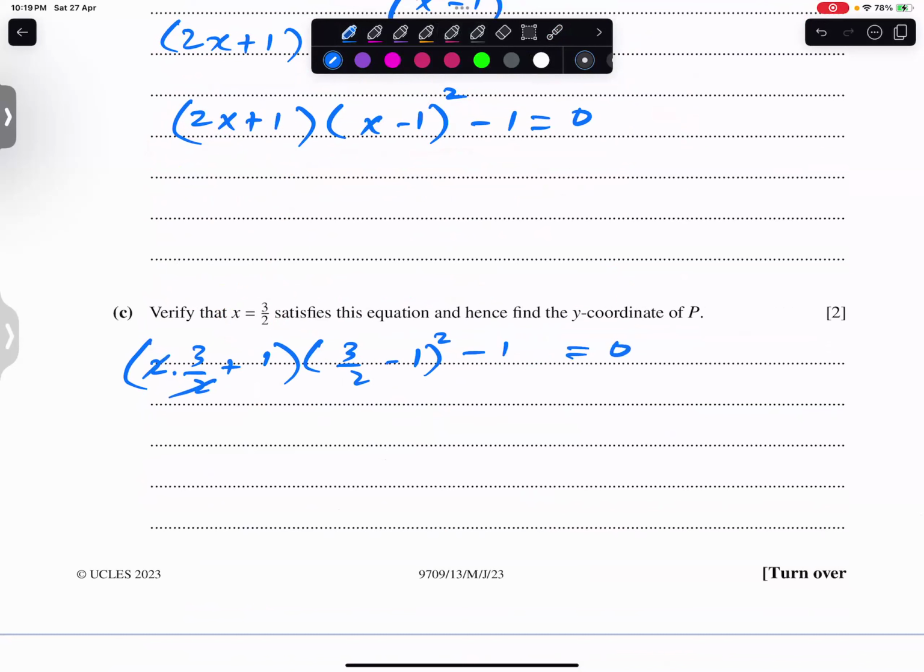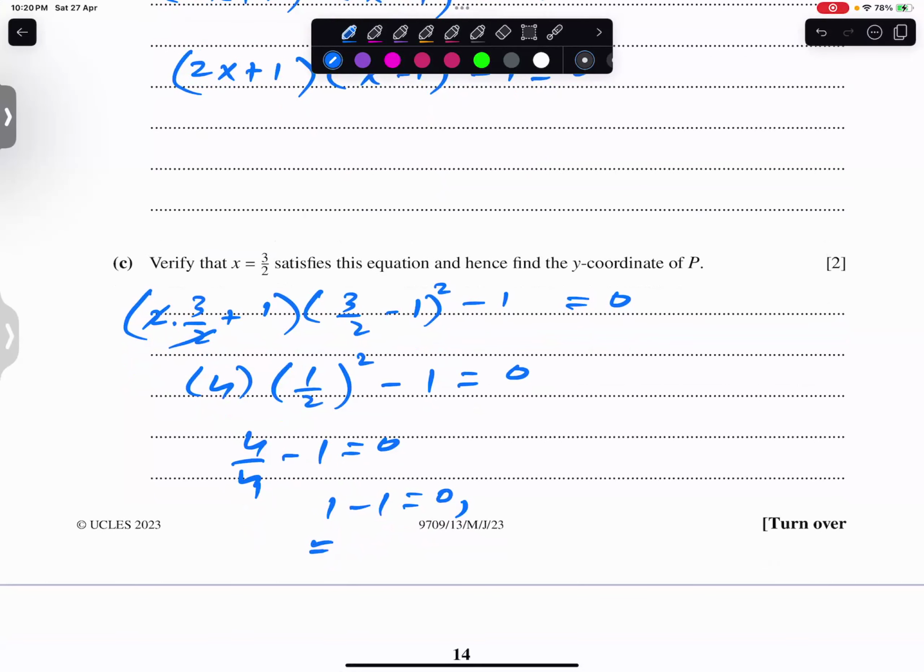So cancel out, 3 plus 1 is 4. 3/2 minus 1 will be 1/2 square, minus 1. So 4/4 minus 1 equal to 0. So 1 minus 1 equal to 0, so it means 0 is equal to 0, satisfied, okay.